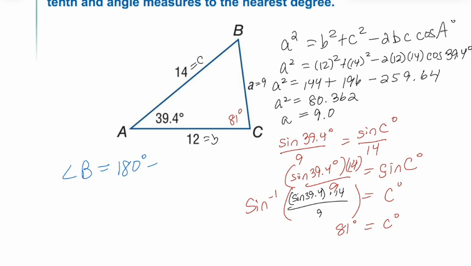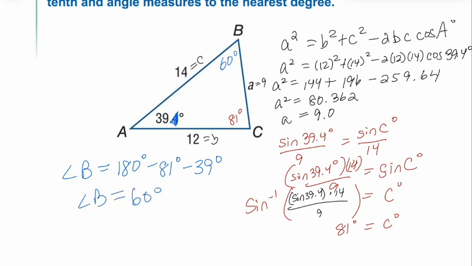So anyway, 180 minus 81. I'm just going to put minus 39. Shouldn't change much. Anyway, 180 minus 81 minus 39, angle B is 60 degrees.